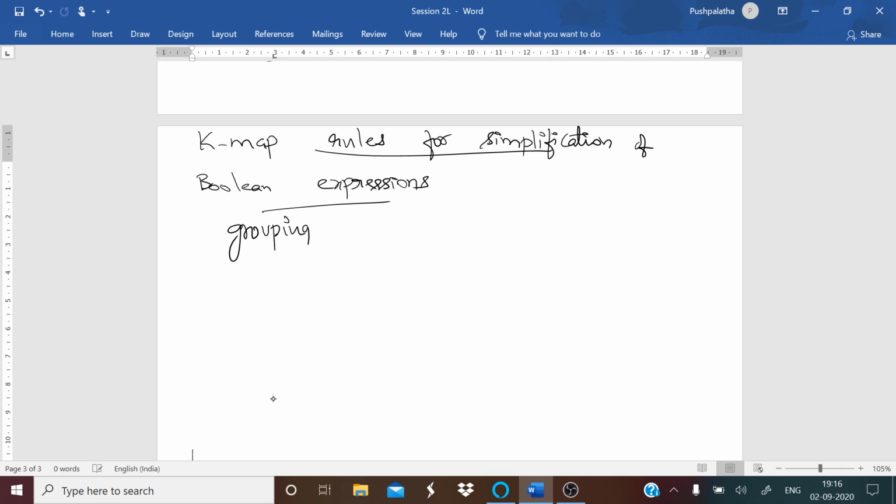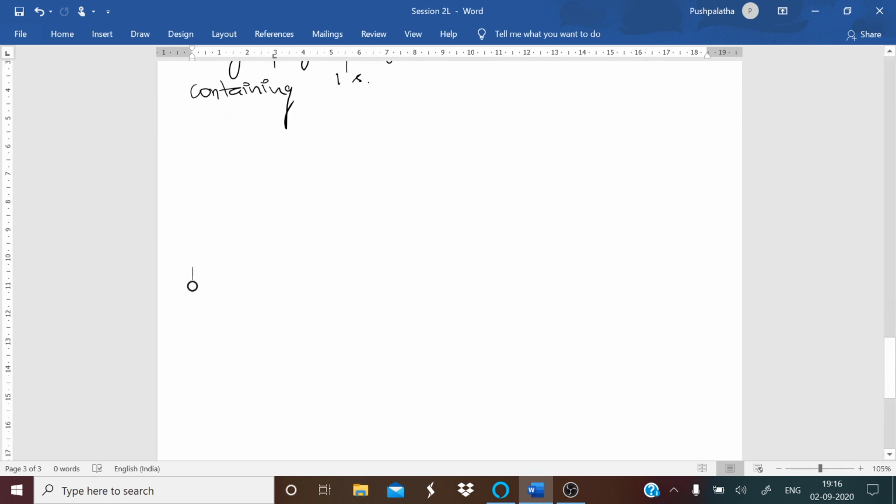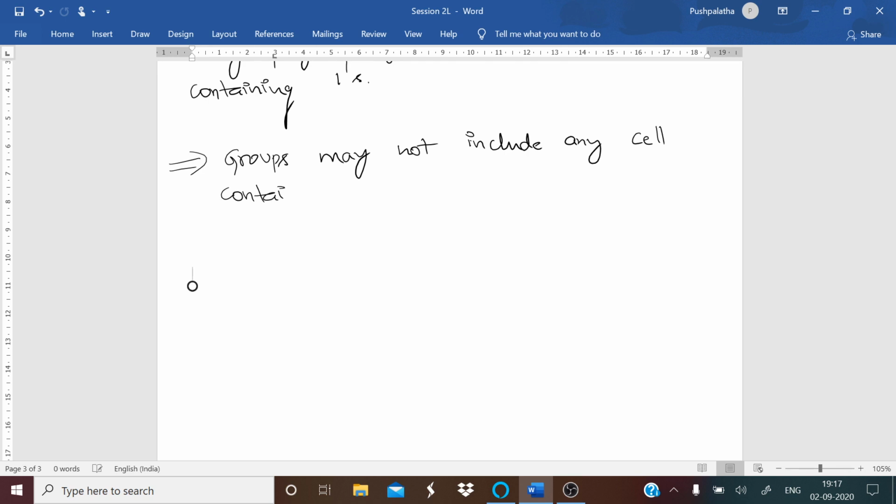So the first rule is that groups may not include any cell containing a 0. As we said, we will be marking ones in a cell which you have a function for, which is mentioned according to the question.